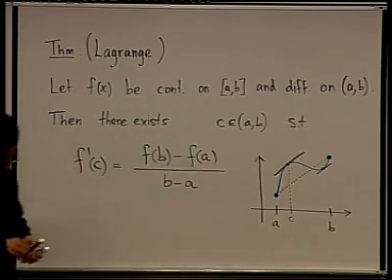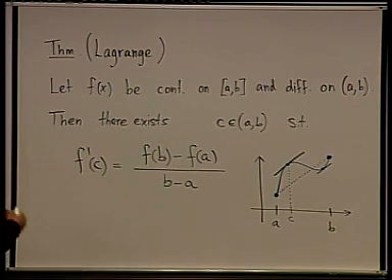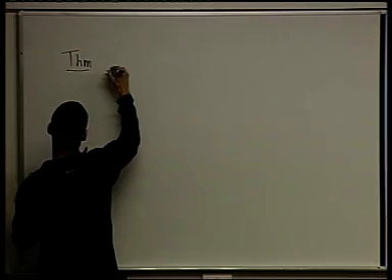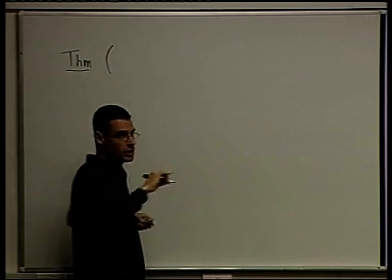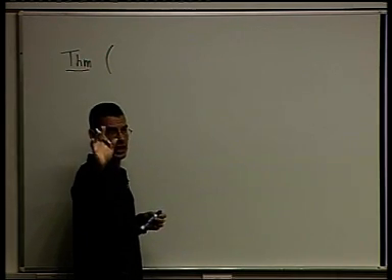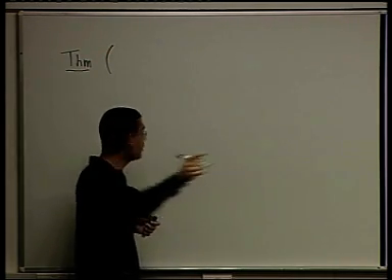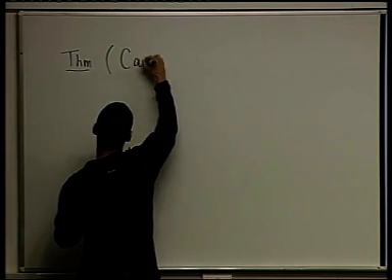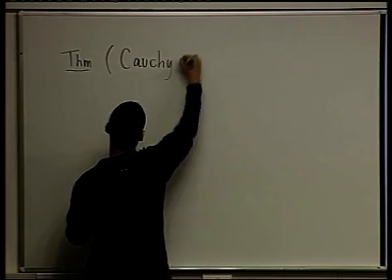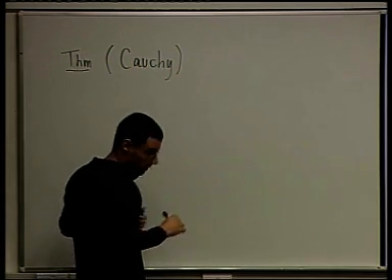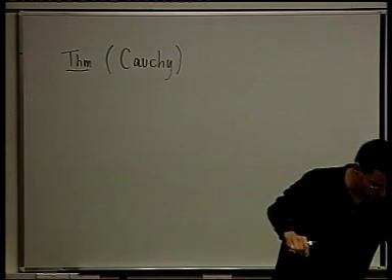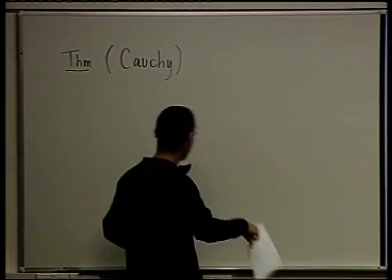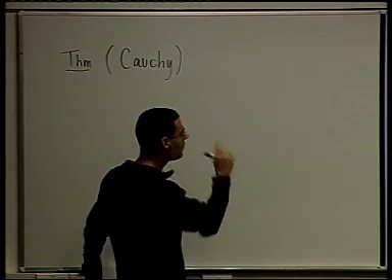Okay? Here's our next theorem, the fourth theorem in this sequence, named after a mathematician of which nationality? Wild guess. Right. Good guess. His name was Cauchy, very famous. Augustin Louis Cauchy. And his theorem deals with two functions.